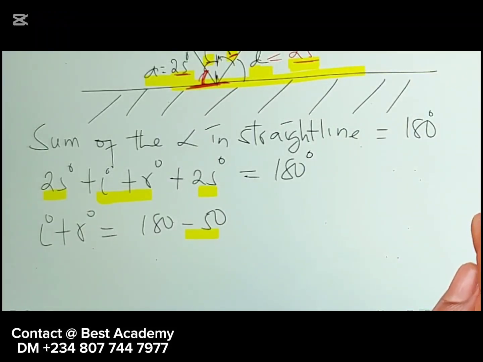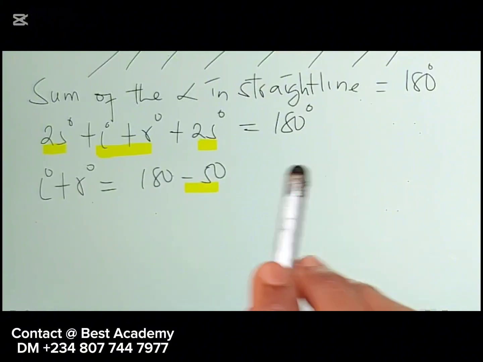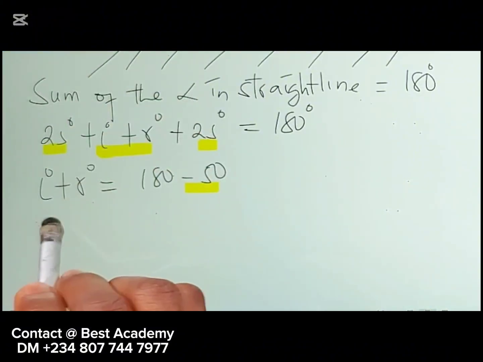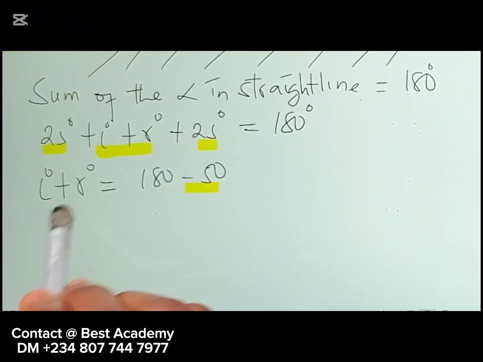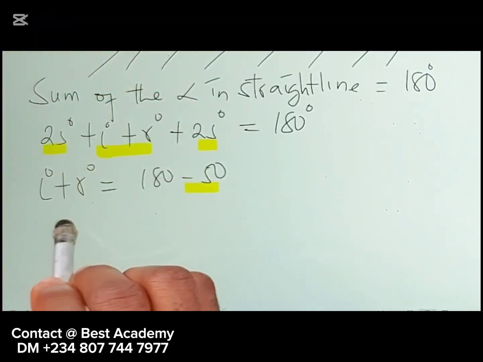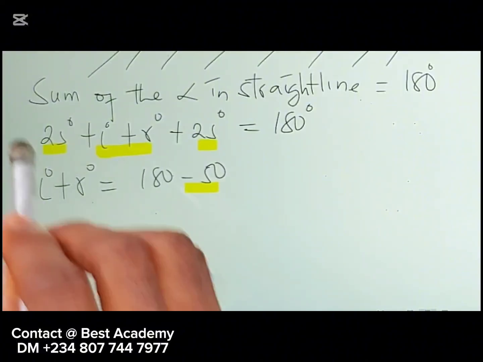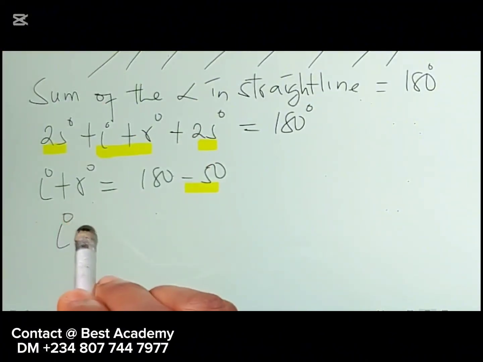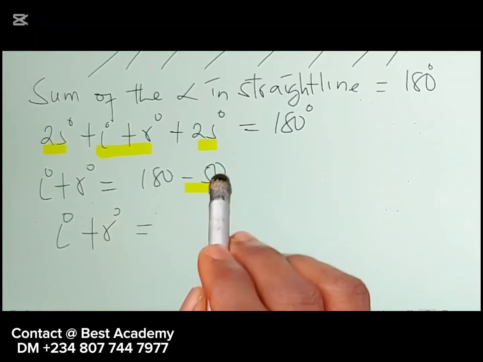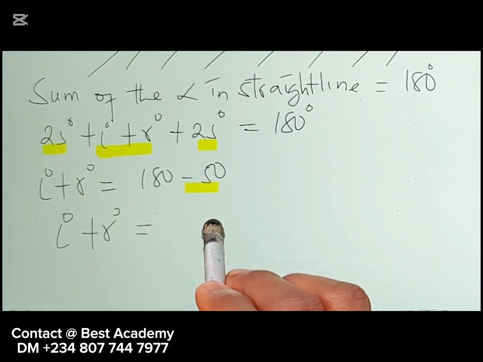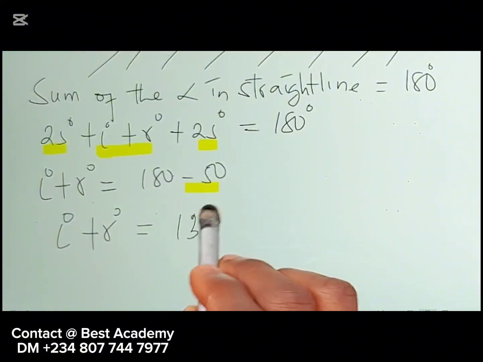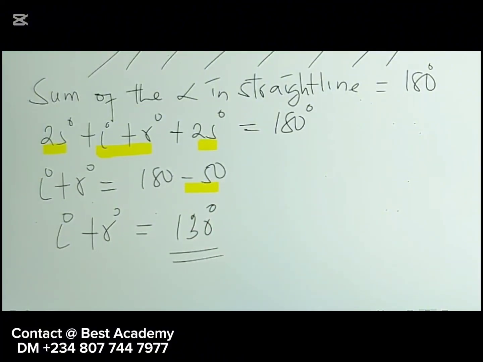So let's calculate this. 180 minus 50, I'm going to have I degree plus R degree, that is the angle between the incident and reflection, will be equal to 130 degrees. So this is my answer here. So the angle between the incident and reflection is said to be 130 degrees.